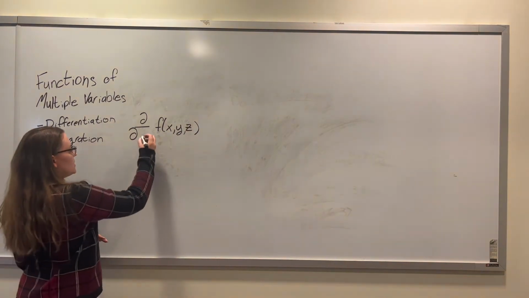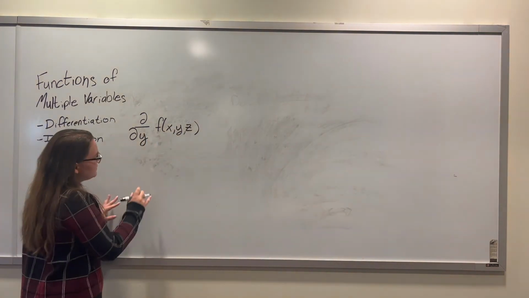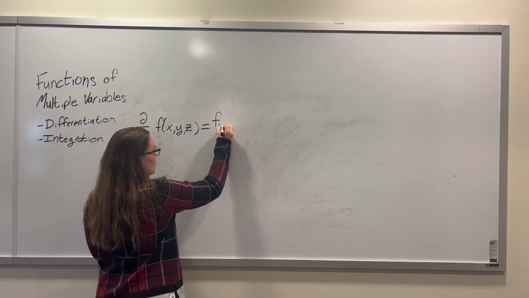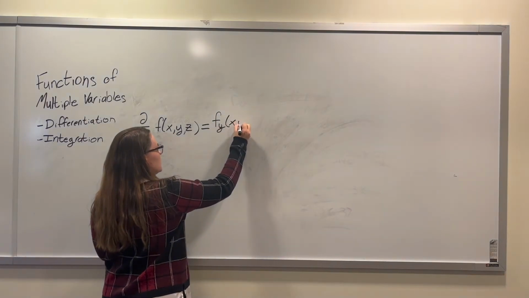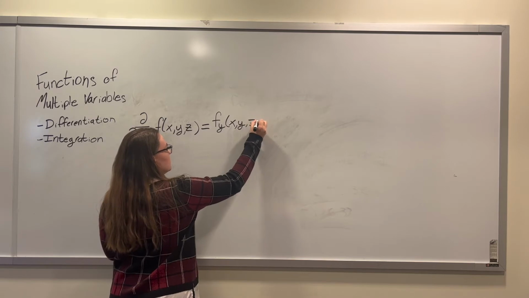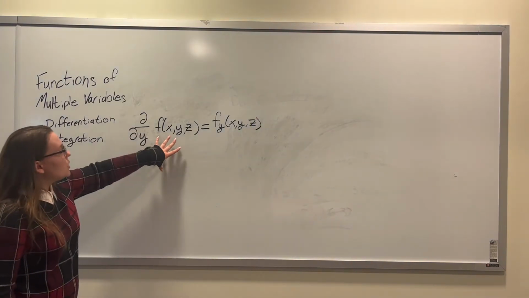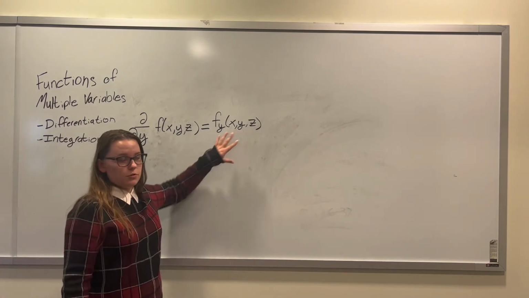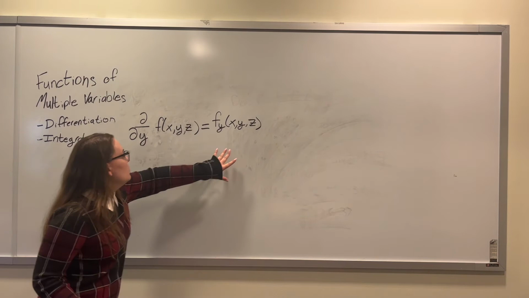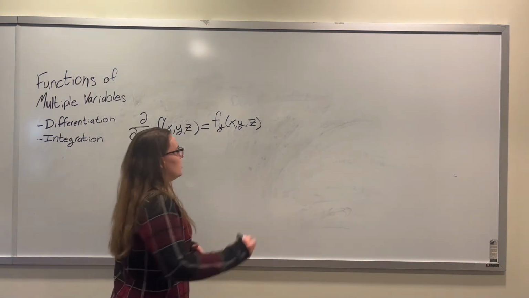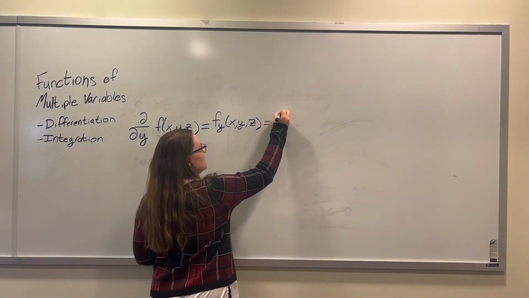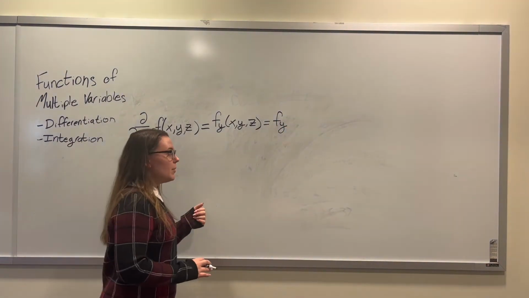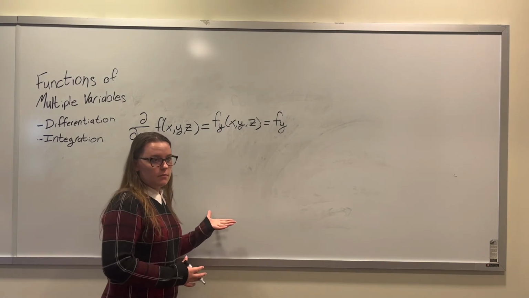So we could take dy of this function, and this is then denoted as f sub y of x, y, z. So this means we took the partial derivative of this function with respect to y, and we got this partial derivative. Normally though, to save time, we don't write out the x, y, z. After we do this, we just write it as f sub y, or f sub x, or f sub z, depending upon which variable we have differentiated with respect to.